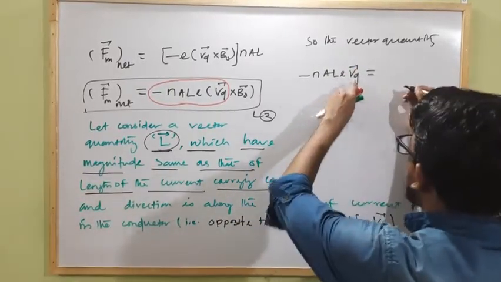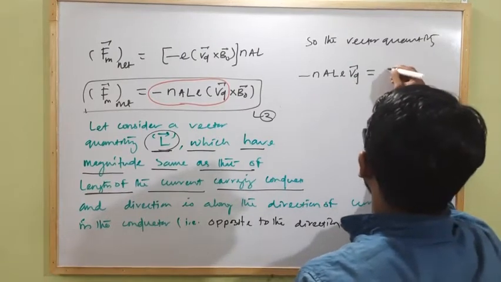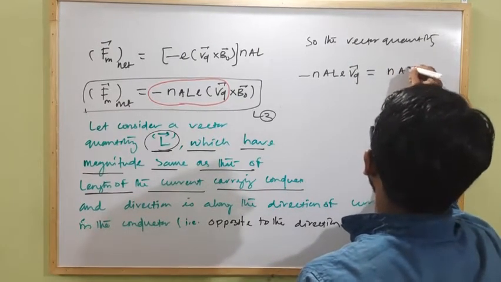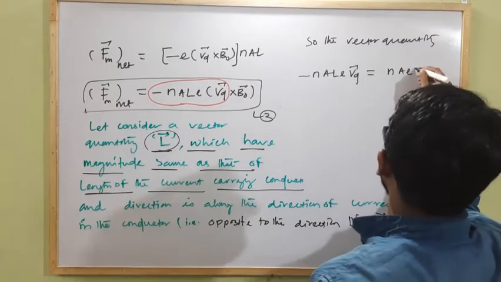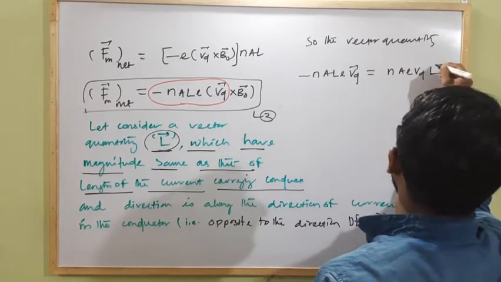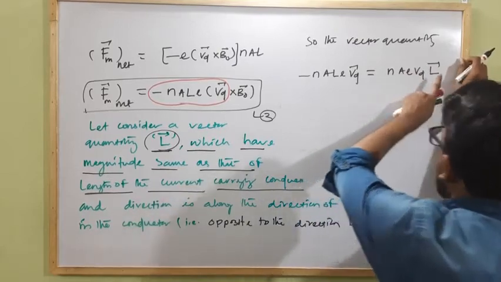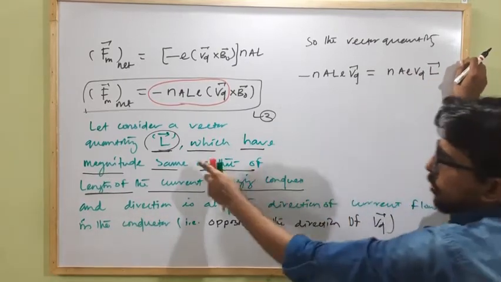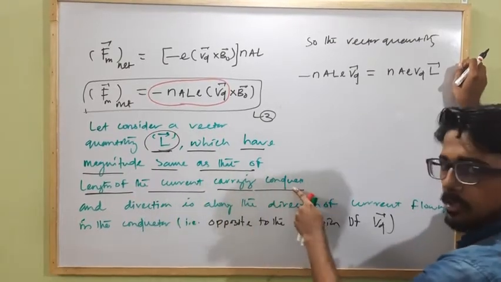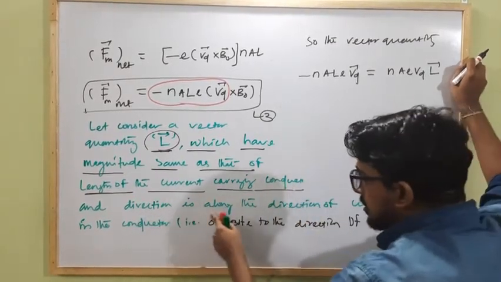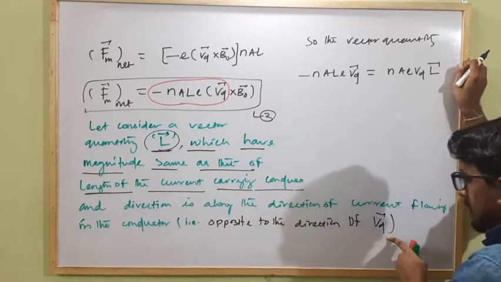In place of Vd vector I can write another vector quantity nAe Vd into L vector. So L vector is a vector which has magnitude same as that of the length of the current carrying conductor, and the direction is opposite to the direction of Vd vector.